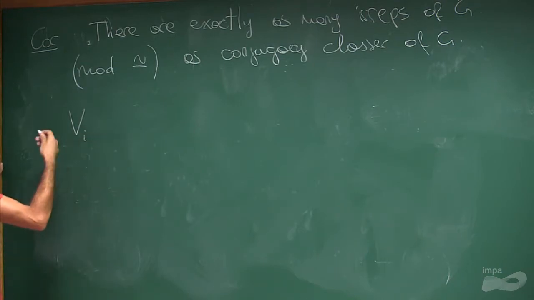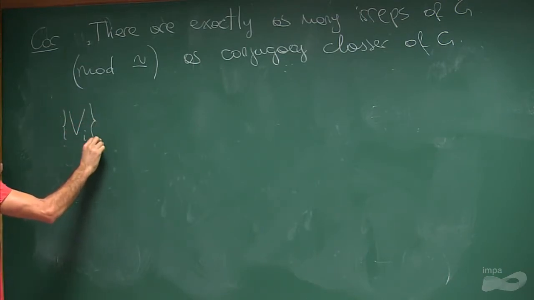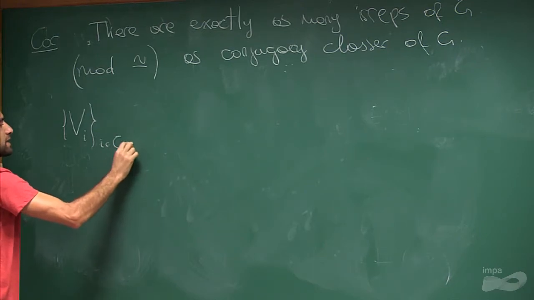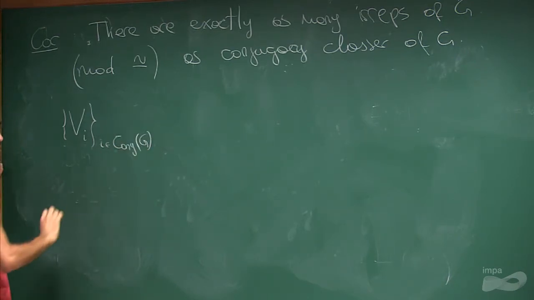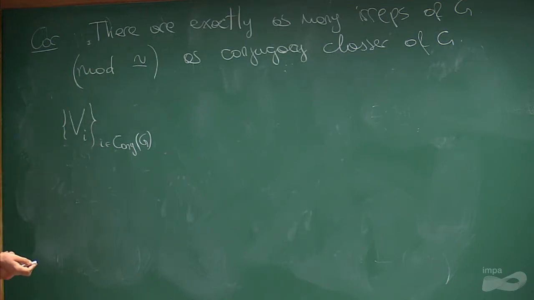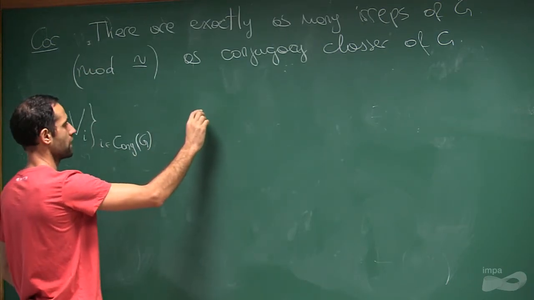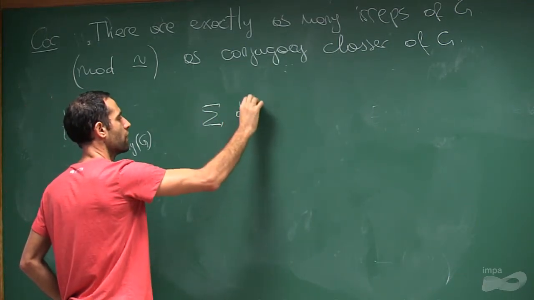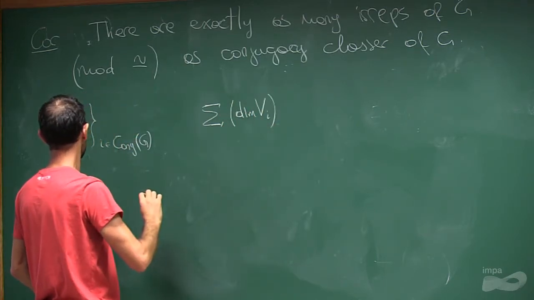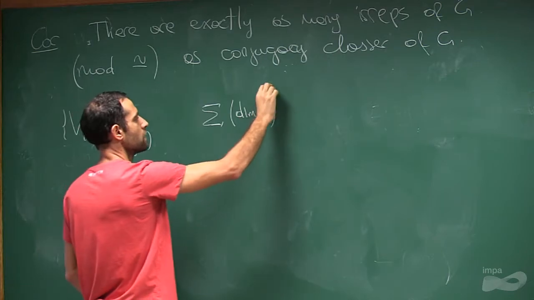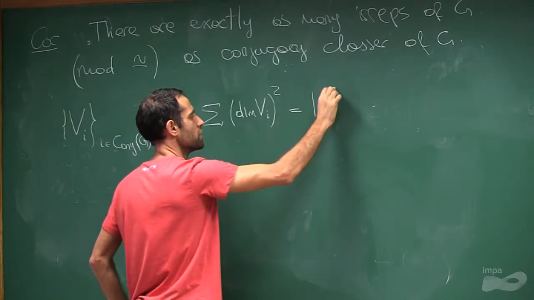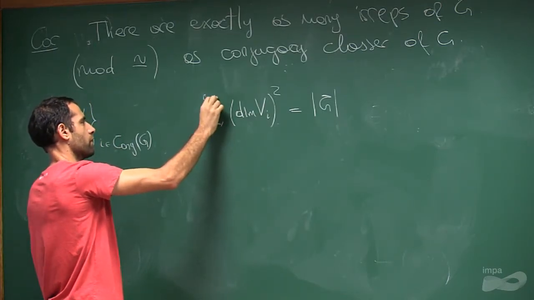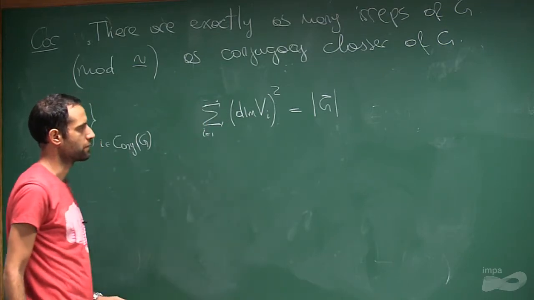If the V_i are those, with i in conjugacy classes of G, because this is the set of irreducible representations now, then what we know is that the sum of the dimension of V_i squared is equal to the order of G. Well, let's put it like this.